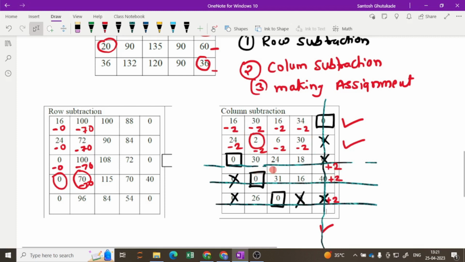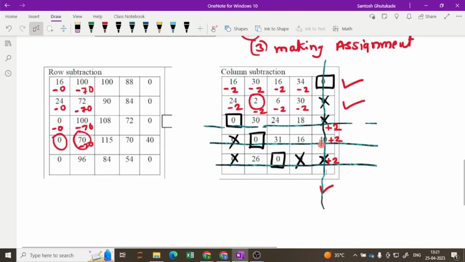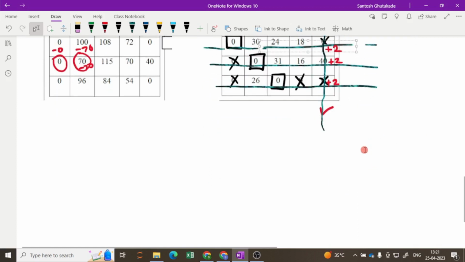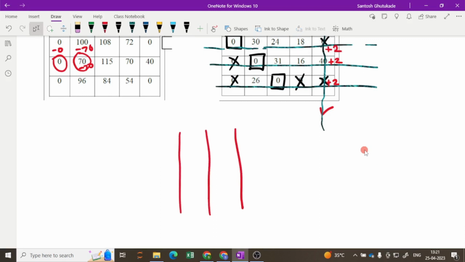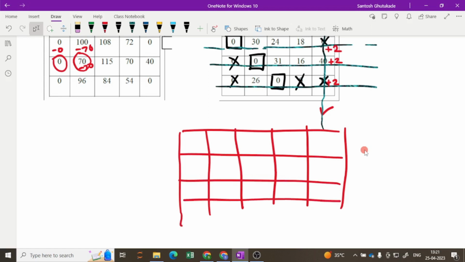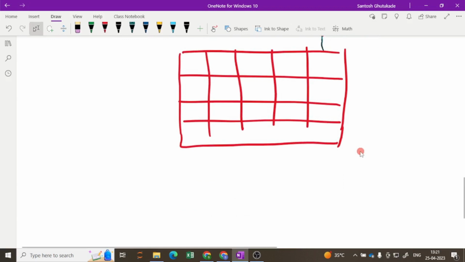So I will prepare this matrix once again and write all the values here. This is a 5 by 5 matrix, so I will prepare this 5 by 5 matrix: 1, 2, 3, 4 and 5.